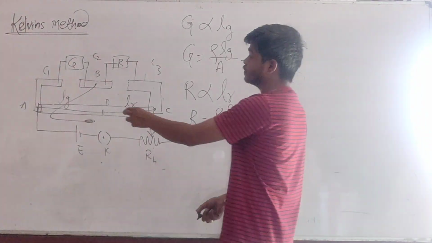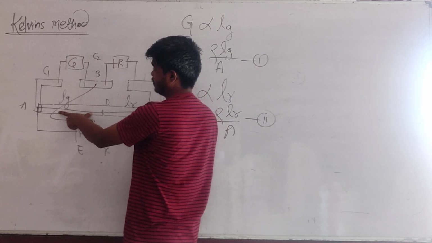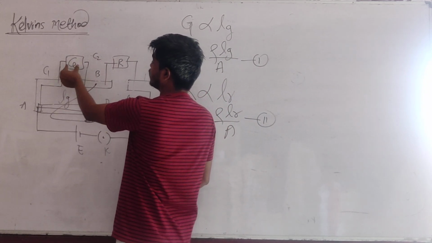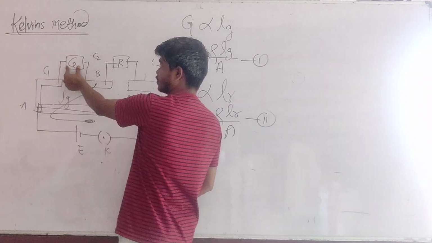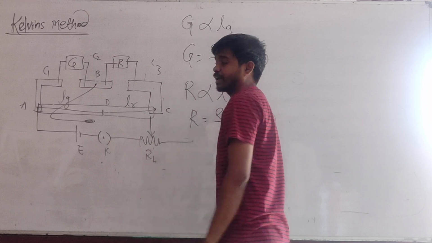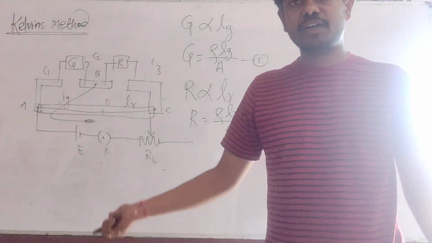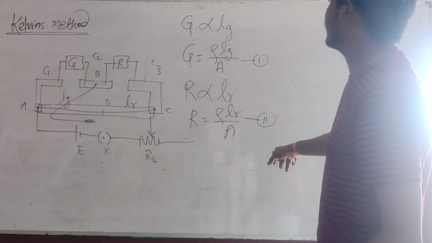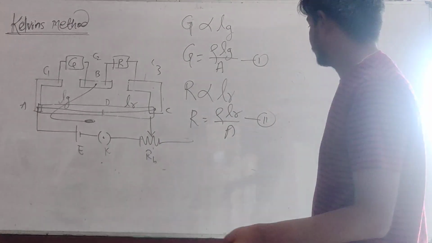The left length of the wire is directly proportional to the resistance of the galvanometer, and the resistance of the resistance box is directly proportional to the right length of the wire. We have already discussed this in area 1. So from equations 1 and 2, we can divide the two equations.